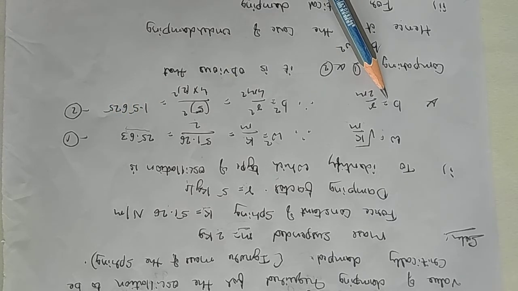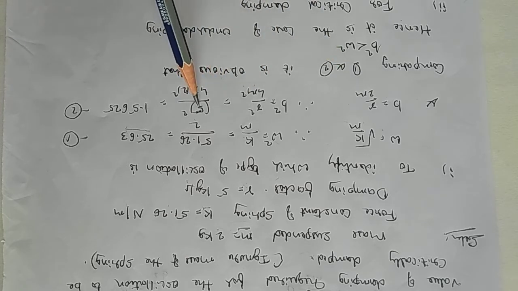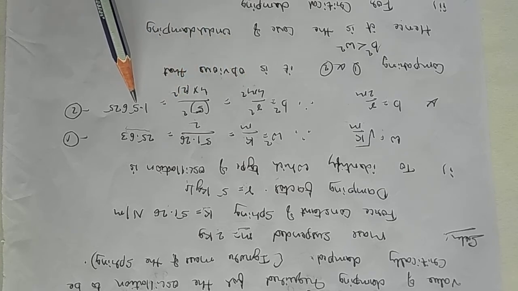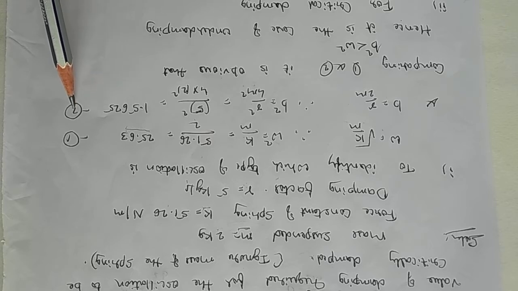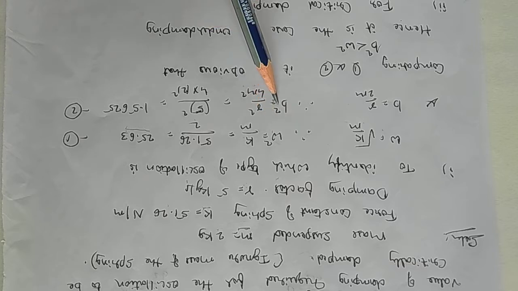And b is R by 2M, therefore b square is equal to R square by 4M square. So substitute the value of R as 5 square, 4, and mass as 2 square. If we simplify, it comes to 1.5625. Call this equation number 2. So these are the values of omega square and b square.